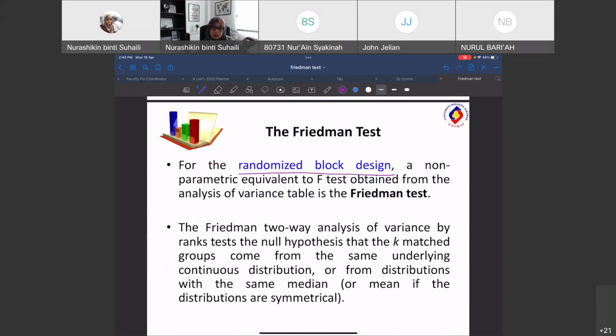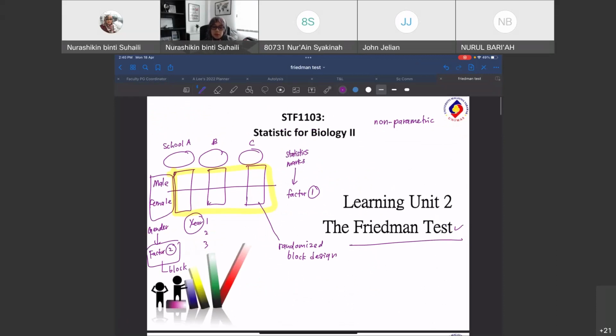results or comparison. Since we are still comparing, when we want to construct the hypothesis, we have to be specific with our case, right? So for the null hypothesis, there is no difference between school A, school B, and school C. For the alternative hypothesis, there is a difference.